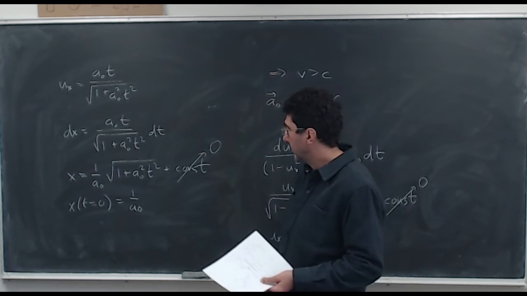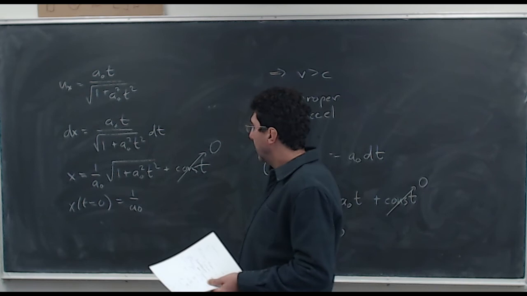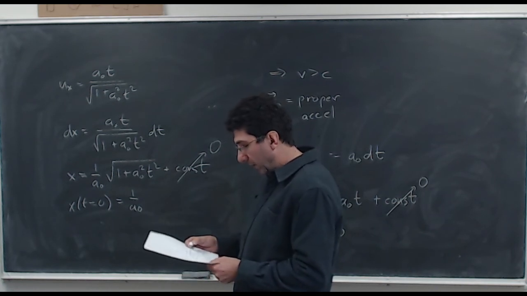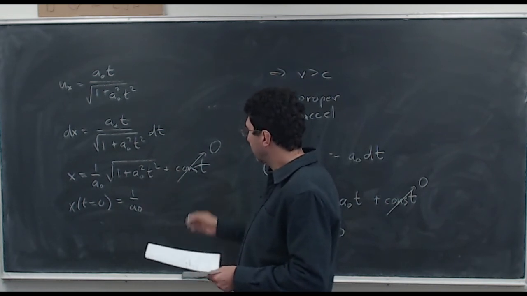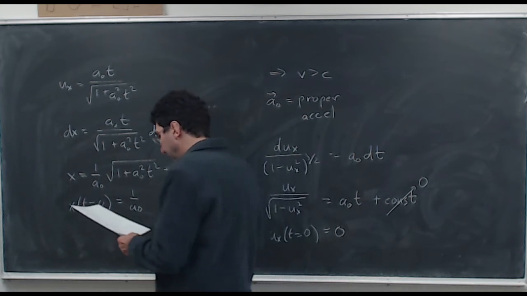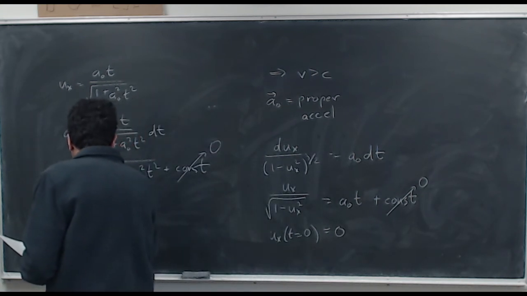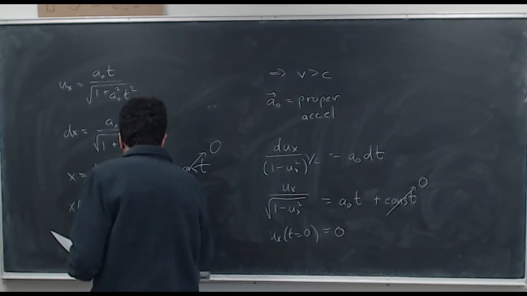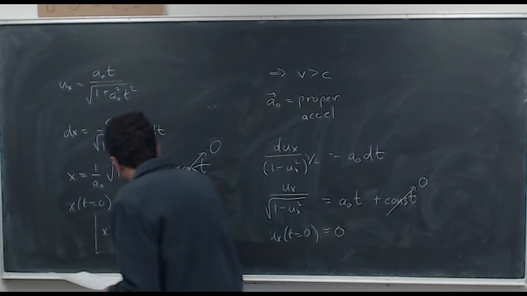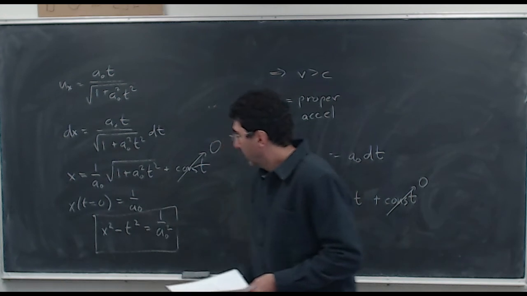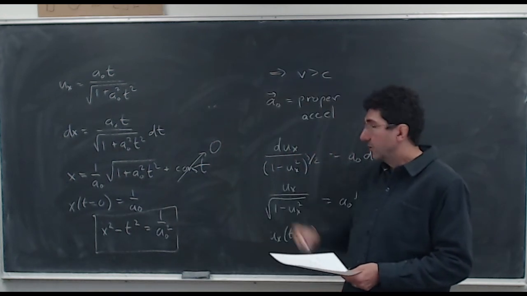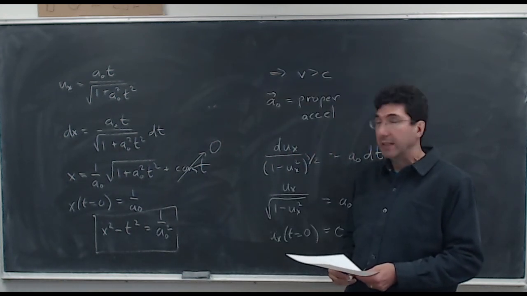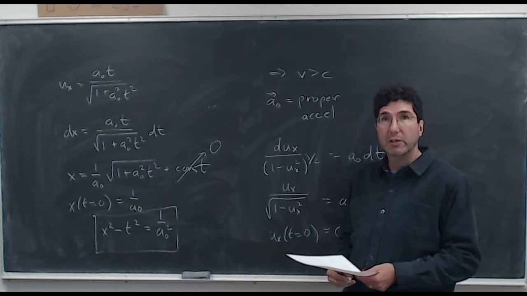That's just a choice of the origin. And then we can solve this equation easily and find that x squared minus t squared is equal to 1 over a0 squared. So that is the trajectory that we get when we have this form of constant acceleration.